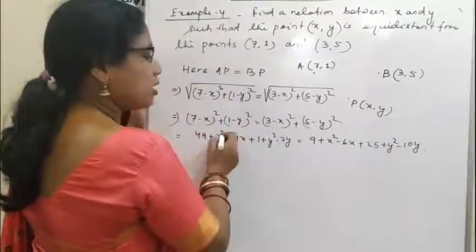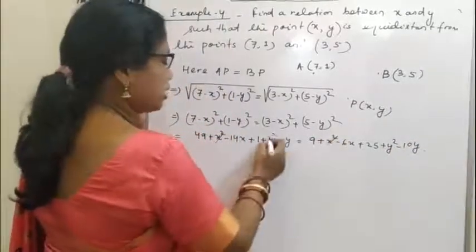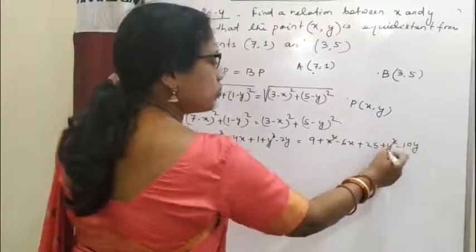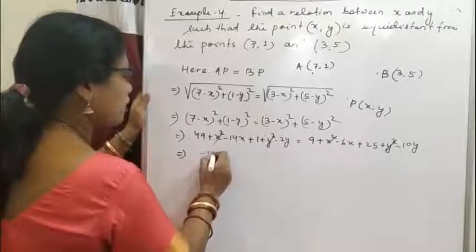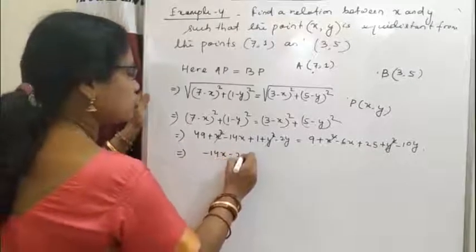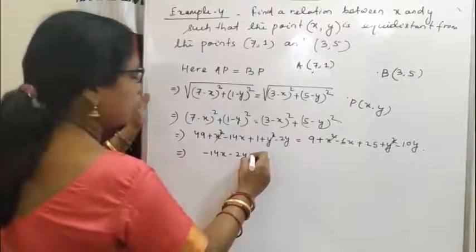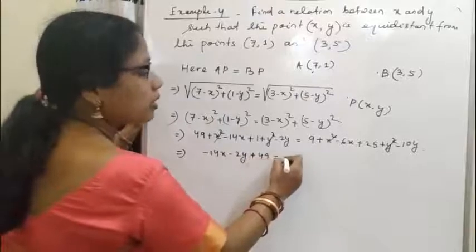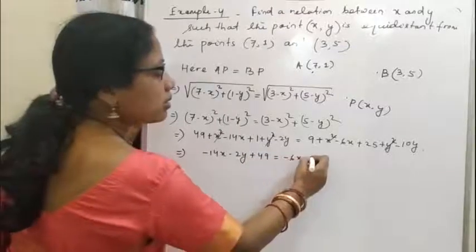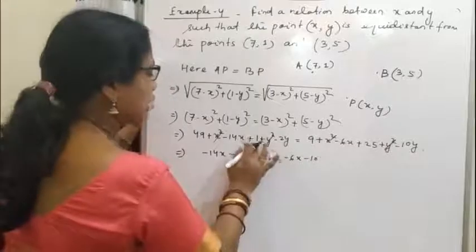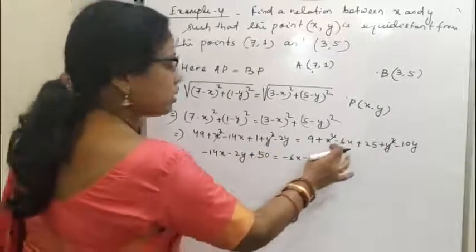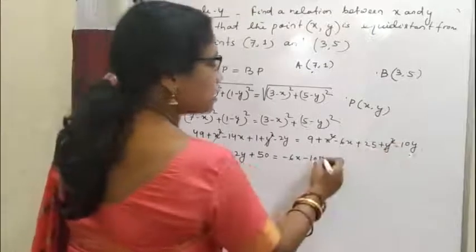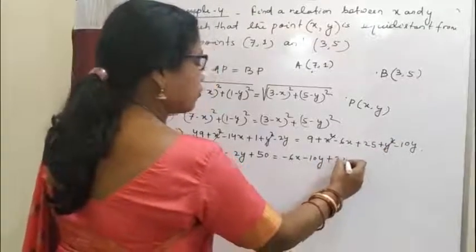Here x square is on both sides, and y square is also on both sides, so they cancel. This implies minus 14x minus 2y plus 49 plus 1, which is 50, is equal to minus 6x minus 10y plus 35.